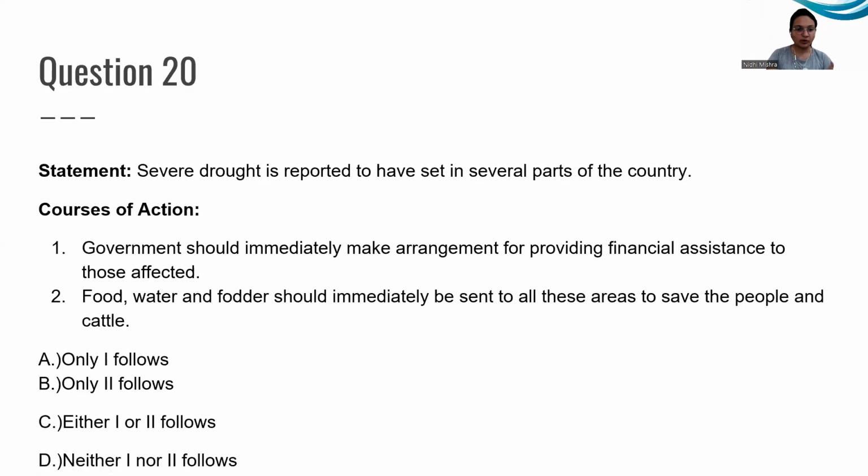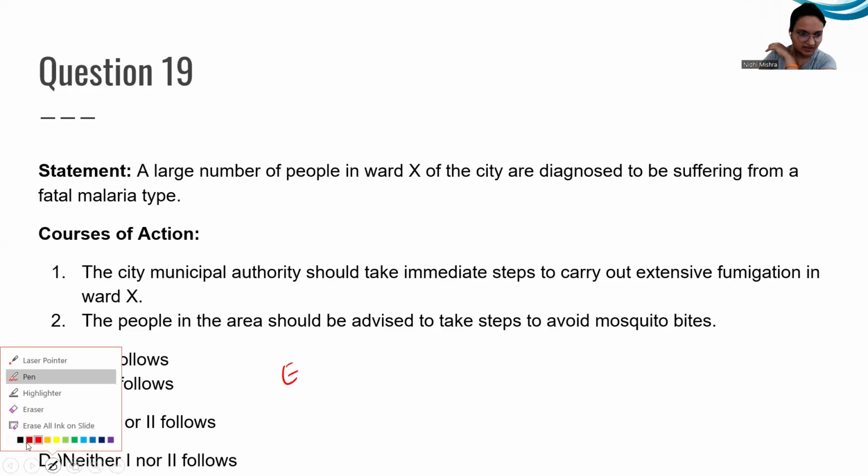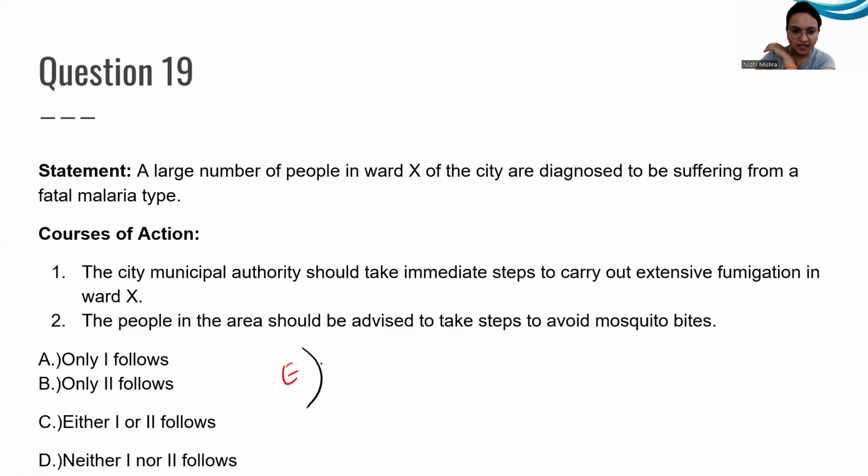But I'm not able to project it. Okay. So answer here is E, which is both.